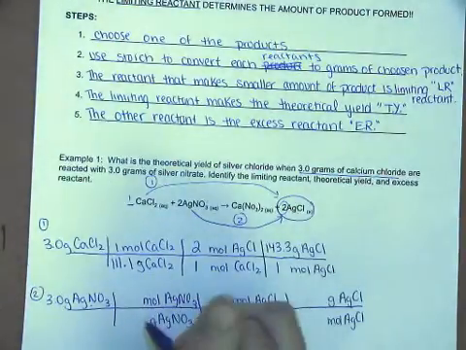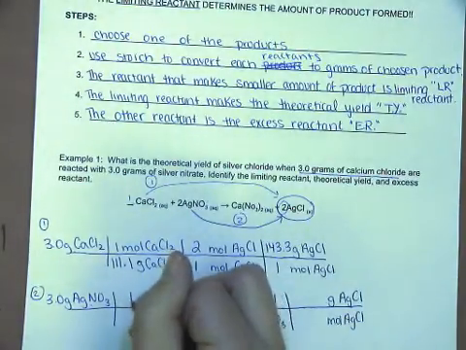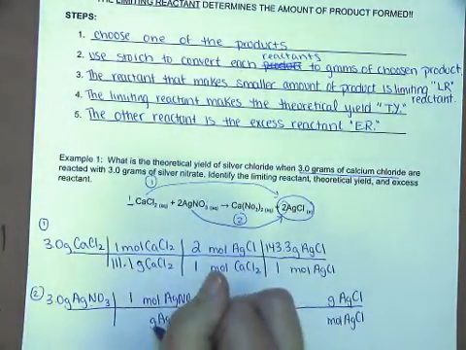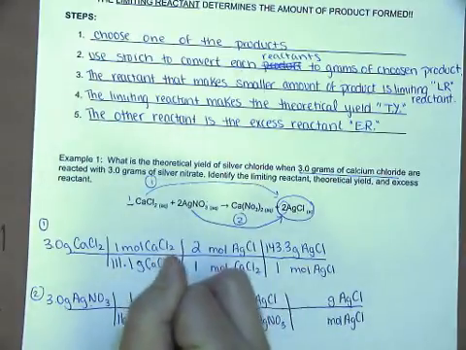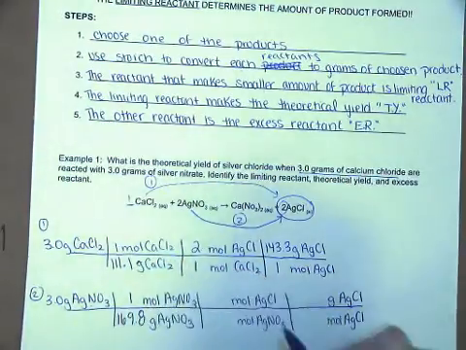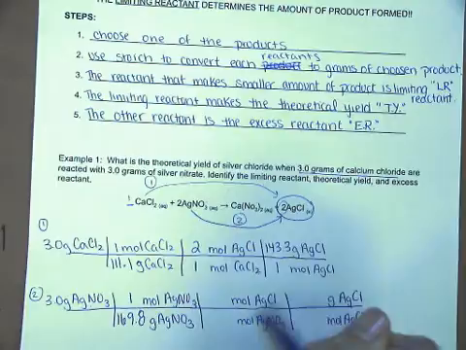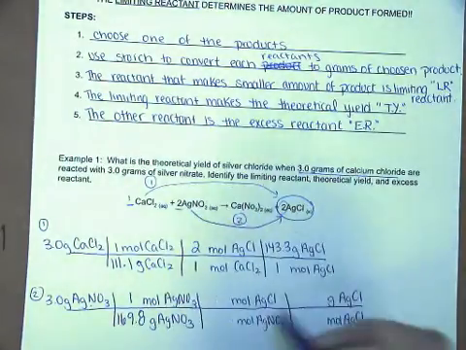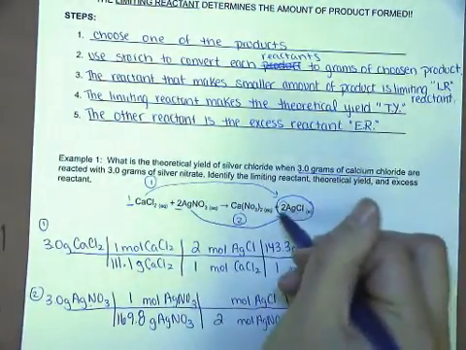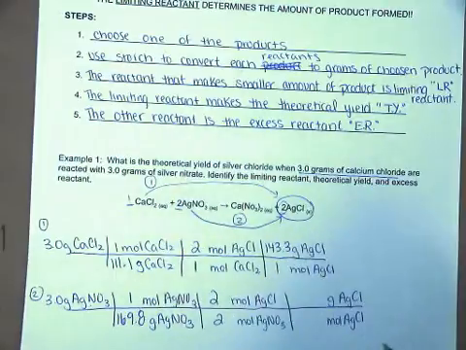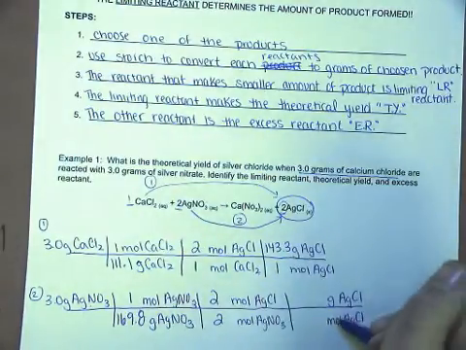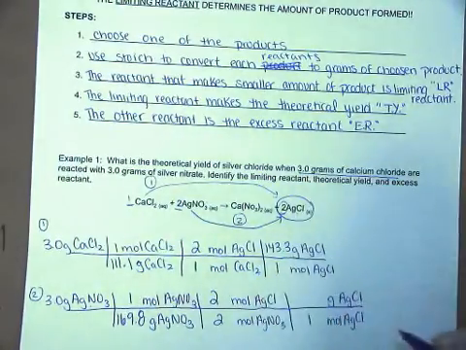For the next one, grams to moles, so that's for every 1 mole, grams, so my molar mass 169.8. Here I have moles to moles, so I use my molar ratio: 2 moles silver nitrate, 2 moles of silver chloride. Here my units are different, so that means I have 1 mole.